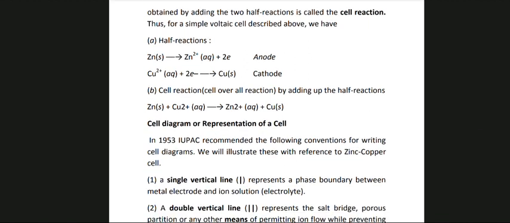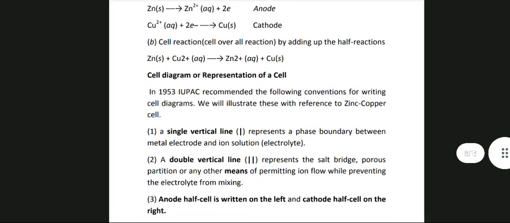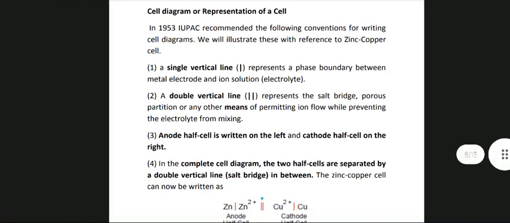Cell diagram or representation of a cell. In 1953, IUPAC recommended the following conventions for writing cell diagrams. We will illustrate these with reference to the zinc copper cell. A single vertical line represents a phase boundary between metal electrodes and ion solution electrolyte. A double vertical line represents a salt bridge, porous partition or any other means of permitting ion flow while preventing the electrolytes from mixing.